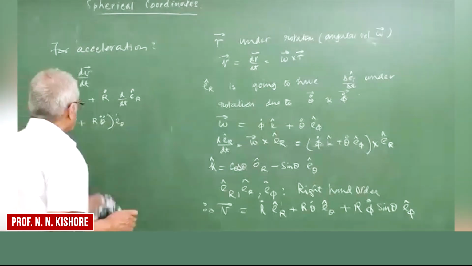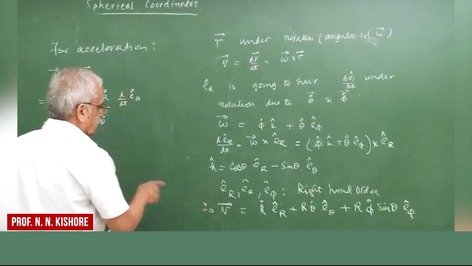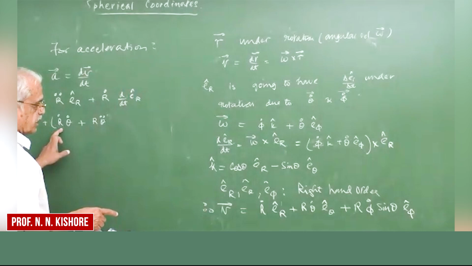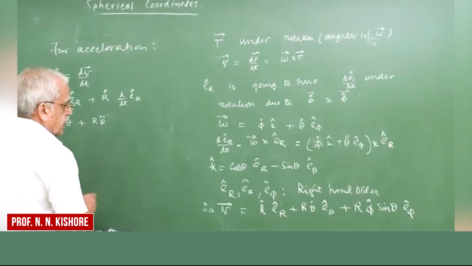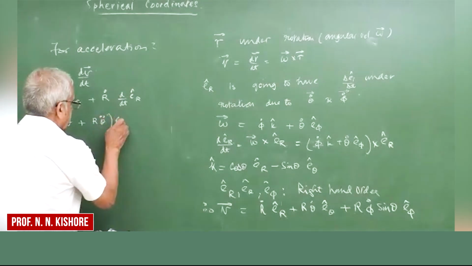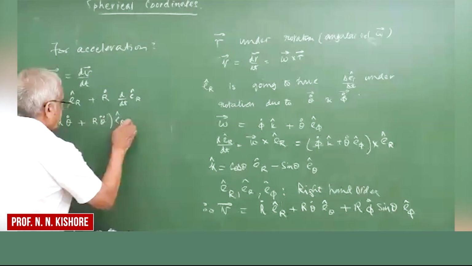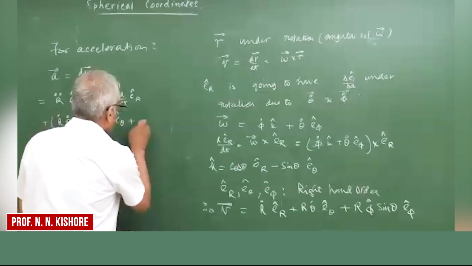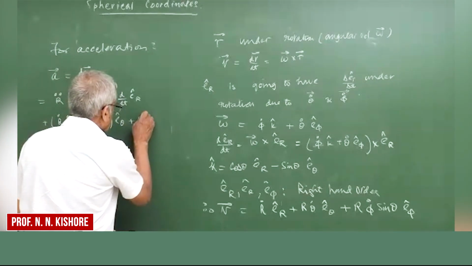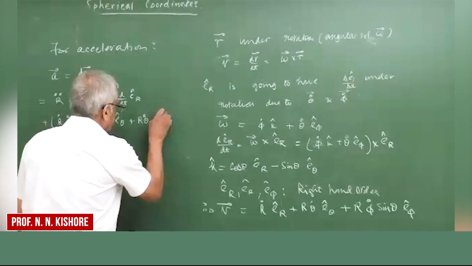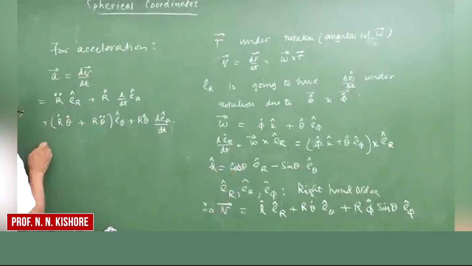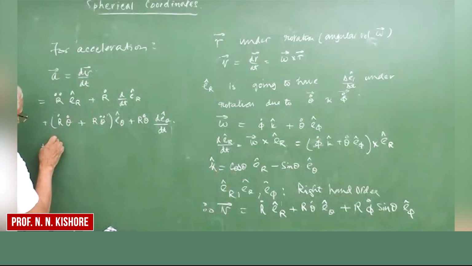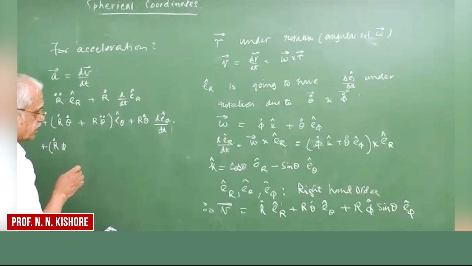Sorry, there's one more term. So r dot theta dot and r theta double dot, and this multiplied by e_theta, plus here we'll have r theta dot d e_theta by dt, right? This is for the second term. And for the third term, we have three terms: r dot phi dot sin theta.